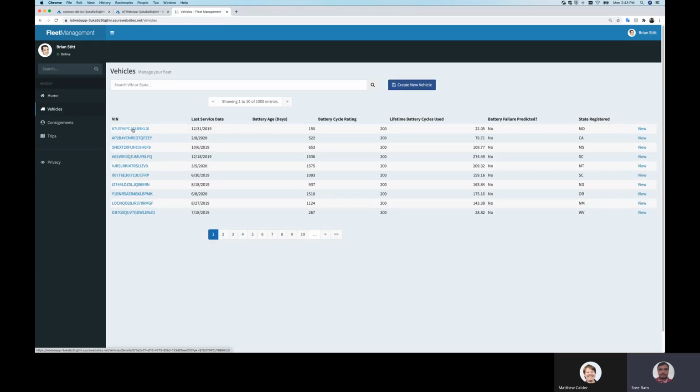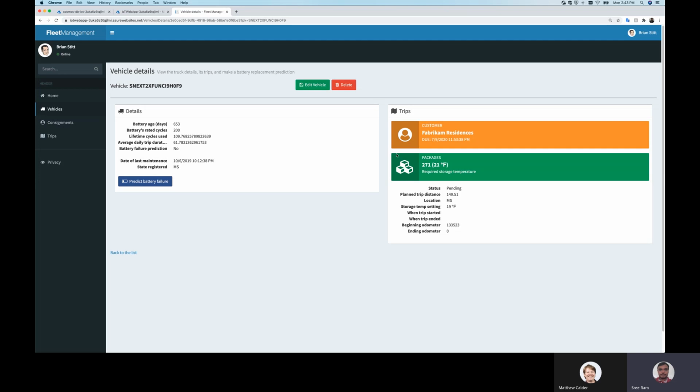As we can see here, we have so many vehicles in our fleet. For example, if you want to see the details about any particular vehicle, you go to the VIN number and you see the details pertaining to that vehicle.